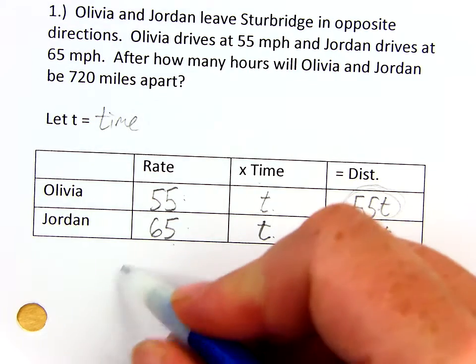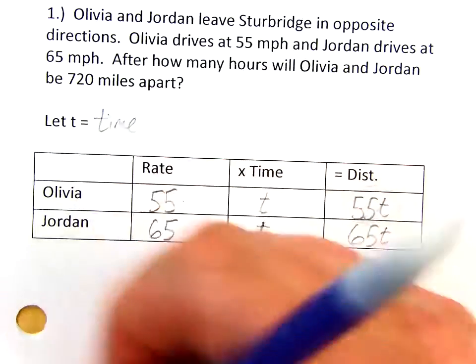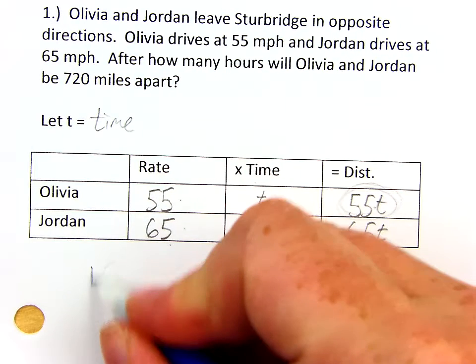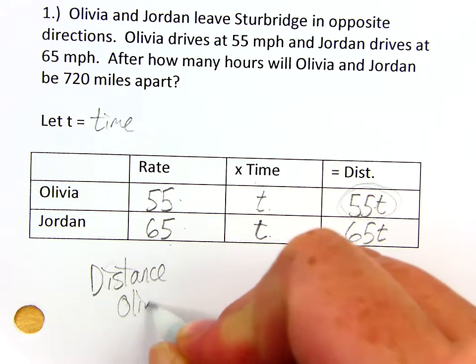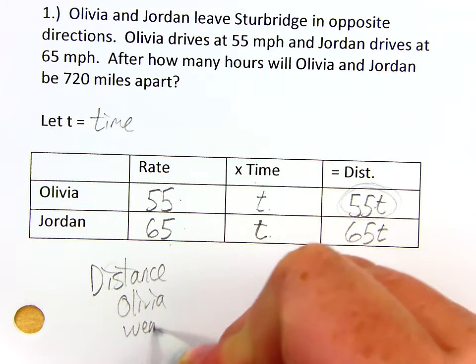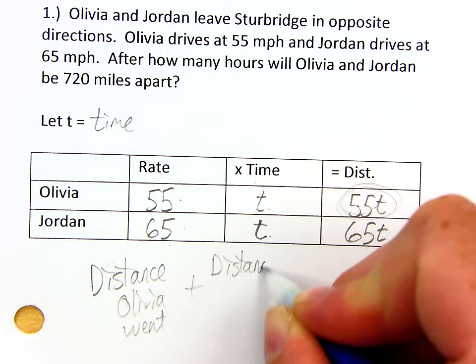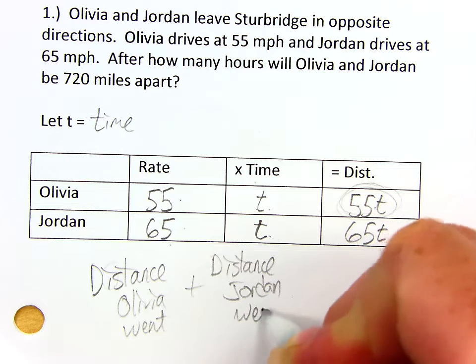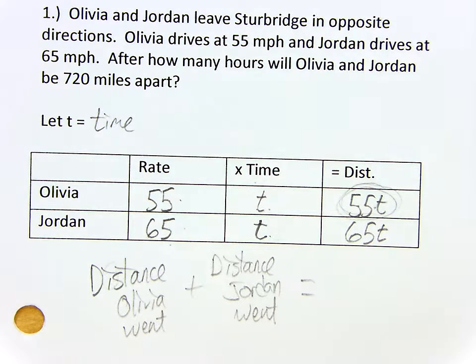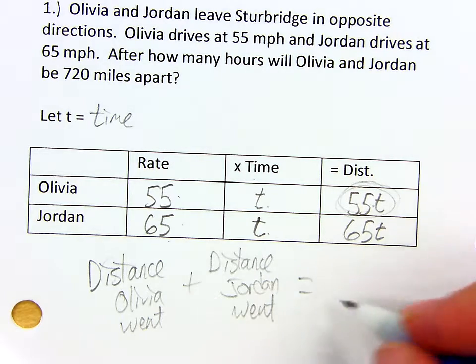So actually, I'm going to write this in words, because this might help some of you. I'm going to take the distance Olivia went, and add that to the distance Jordan went. And what's it going to get me all together? 720.